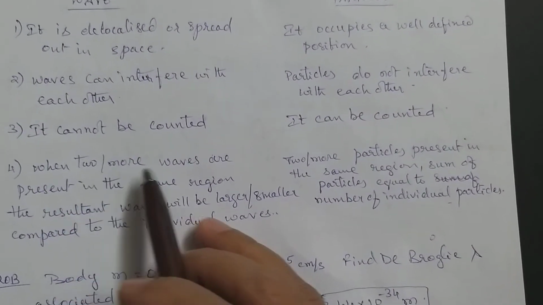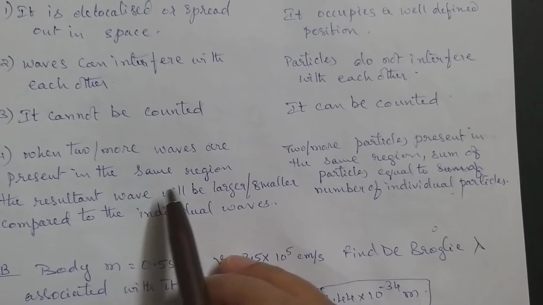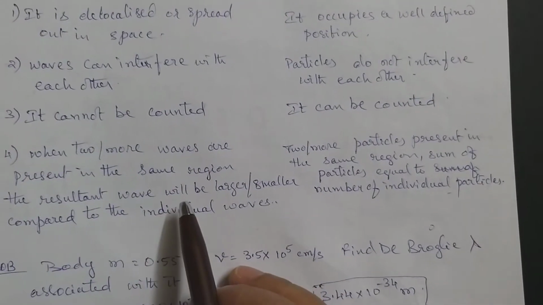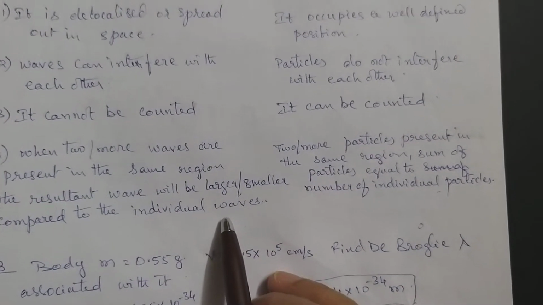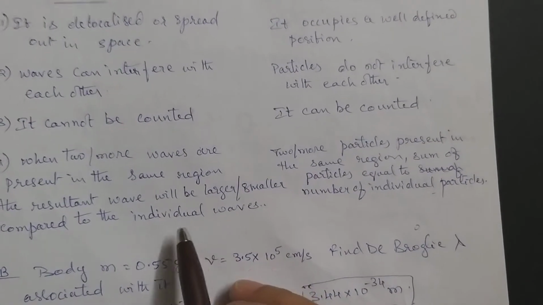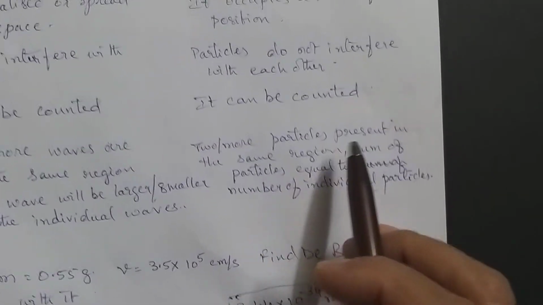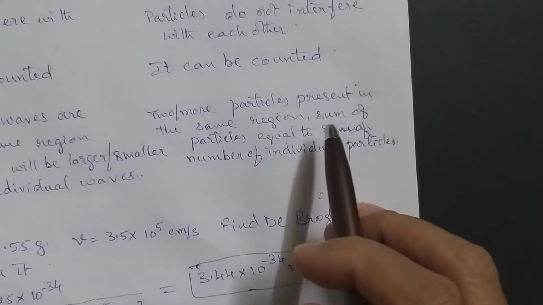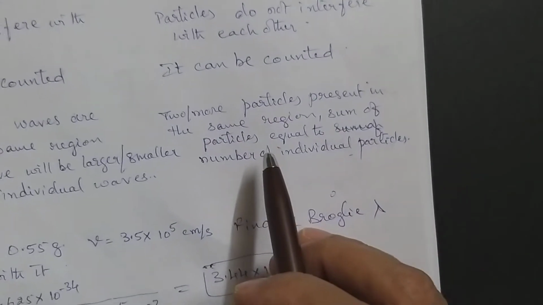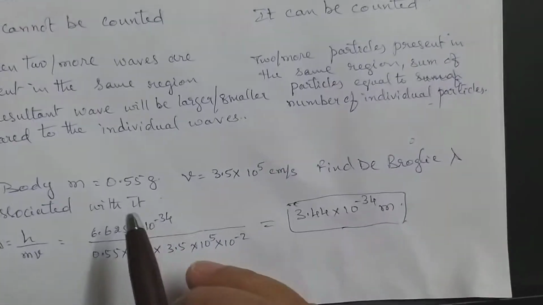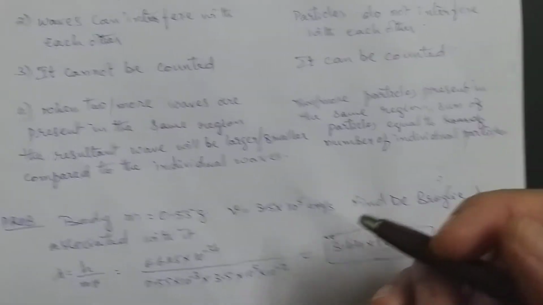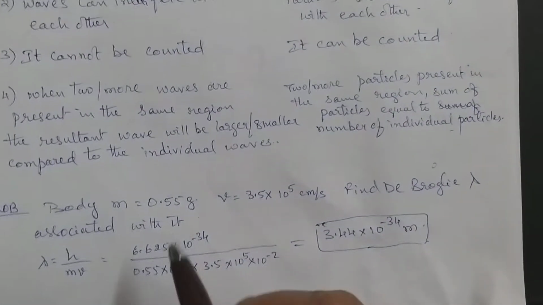When two or more waves are present in the same region, the resultant wave will be larger or smaller compared to the individual waves. It will not be the same. Again, the identity question. Two or more particles present in the same region sum up. Sum of particles equals number of individual sums, say m1 plus m2 is equal to total mass, like that.